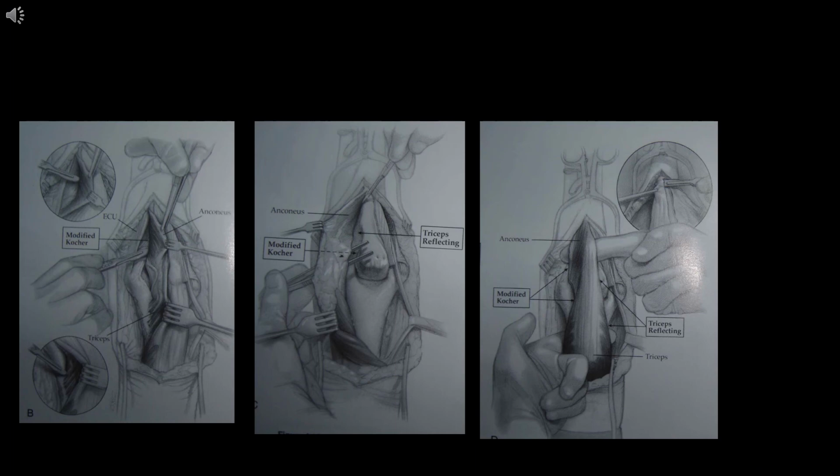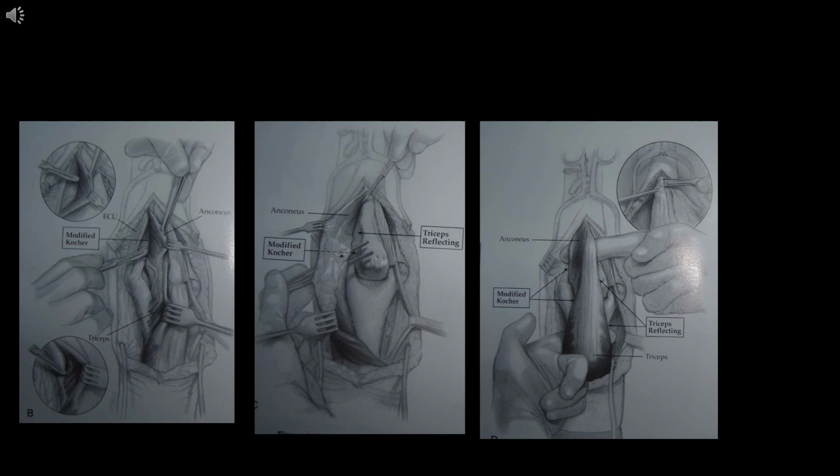In this, the anconeus is detached from the lateral condyle of the humerus from the posterior surface, and from its insertion to the olecranon with a knife. You should avoid cautery, as it will burn the muscles. Dissection should be clean.